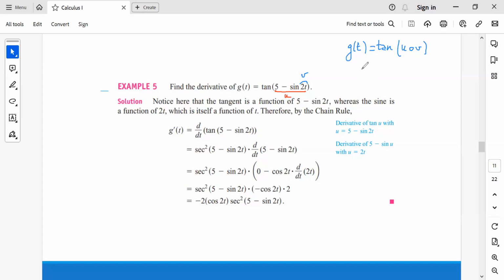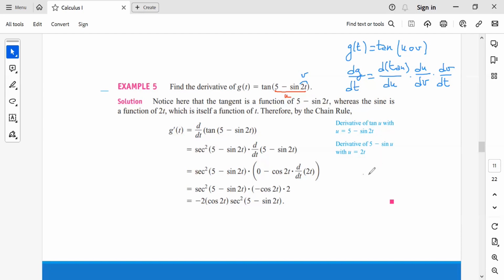What is the derivative of g with respect to t? It's the derivative of the tan function with respect to u, times the derivative of u with respect to v, times the derivative of v with respect to t.